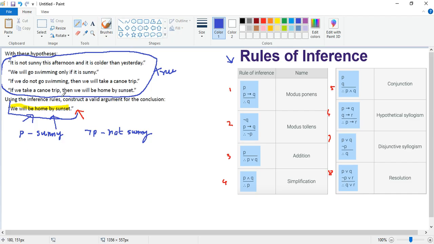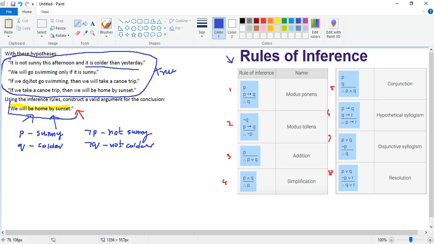Now the other fact is that it is colder than yesterday, right? So again use Q for that. So this means colder than yesterday. I'm not writing the whole thing. Sunny means we're talking about this afternoon, and colder means I'm talking about yesterday. So not Q means it's not colder than yesterday, right?